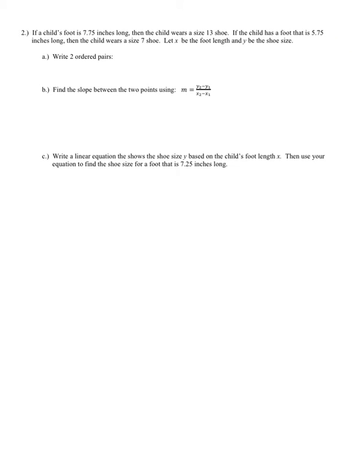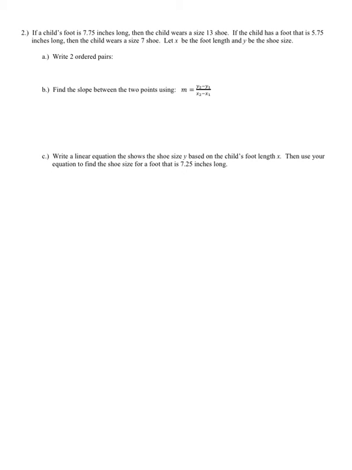All right, let's try this next one. I don't know if you've ever wondered what the relationship is between the size of a foot and the shoe size. So here's a problem that will help us figure that out. Let's say that a child's foot is 7.75 inches long and they wear size 13. Another child has a foot that is 5.75 inches long and they wear size 7.